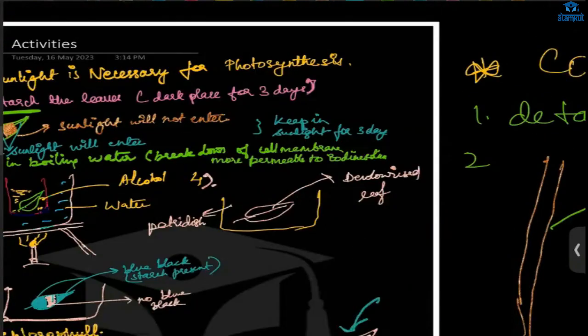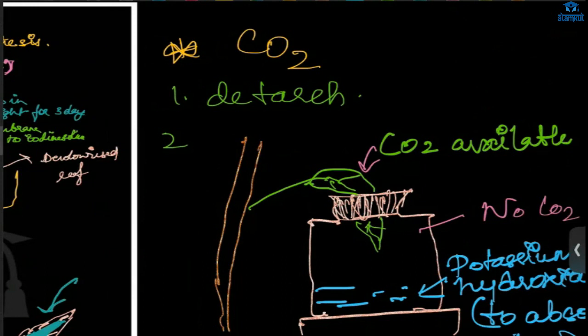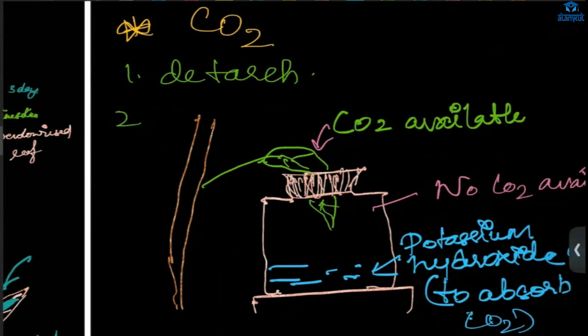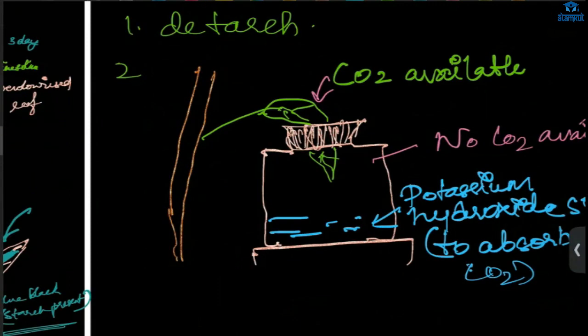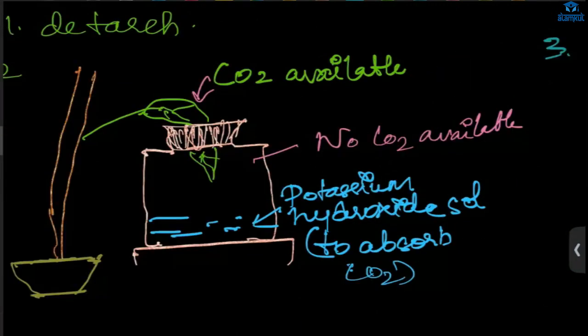Next experiment: carbon dioxide is necessary for photosynthesis. First step, again we de-starch: we take the plant and put it in a dark place for 3 days. Then, this is the plant, we take one jar and this is the cork.